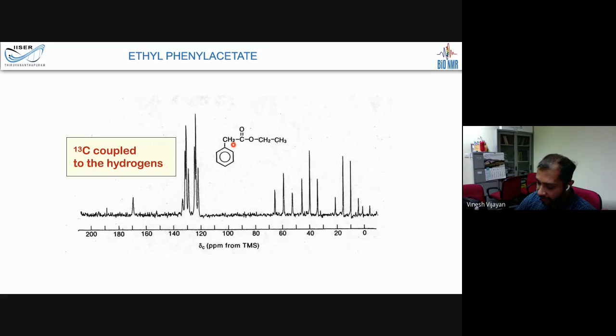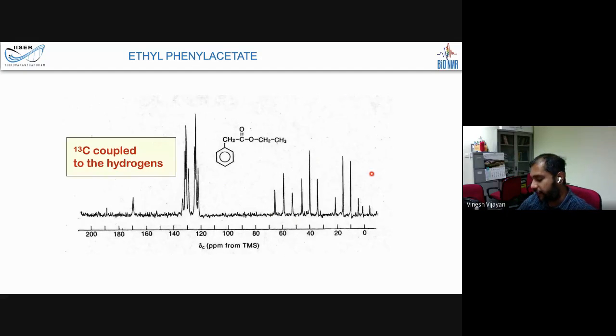Because these hydrogens are coupled to carbon, giving you these multiplet patterns. It's very difficult to figure out these multiplet patterns because the coupling constants are quite high, 140 hertz. In proton-proton coupling, we were dealing with a few hertz, 10 or 15 hertz maximum. Right here, we are talking about 140, 280 hertz and so on. These CH couplings are quite high and they overlap with each other.